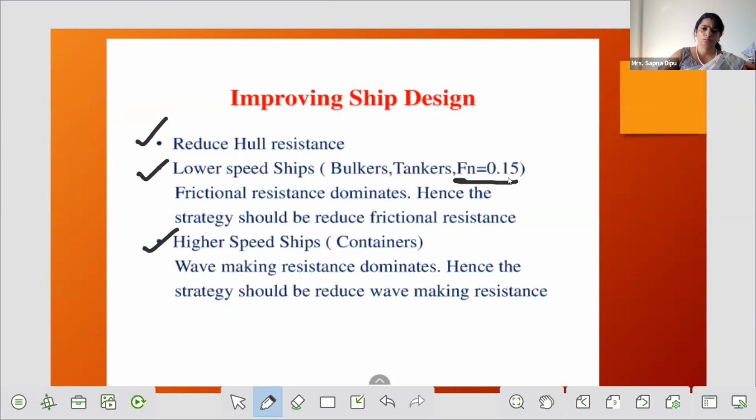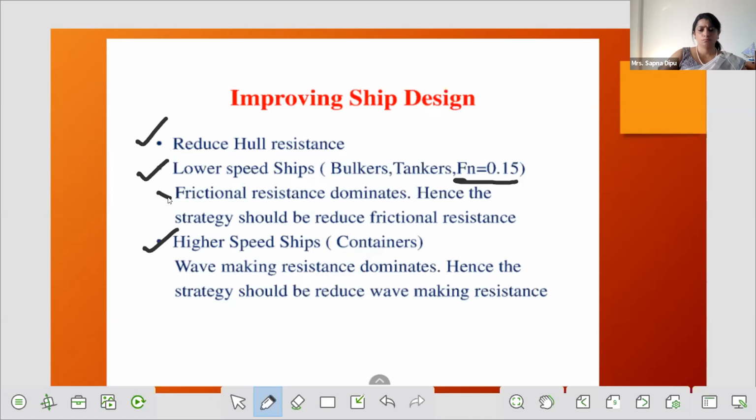That is the main important thing we have to understand. It is frictional resistance. For low speed ships, frictional resistance is the dominating one. Hence, our strategy should be how do we reduce the frictional resistance? That is what any naval architect should work on.